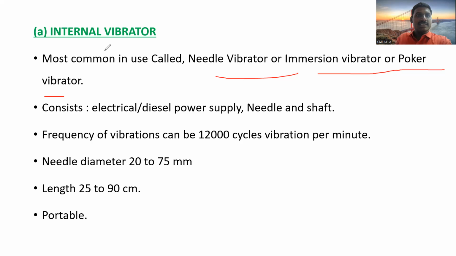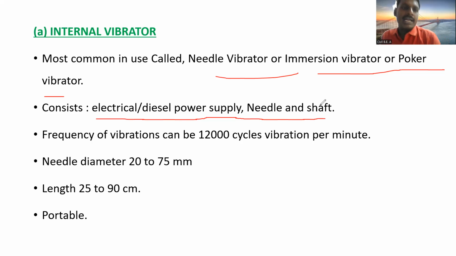Generally this internal vibrator consists of an electrical or diesel powered supply, and a needle and shaft. It can be electrically operated or diesel operated, and we can use either depending on our requirement.